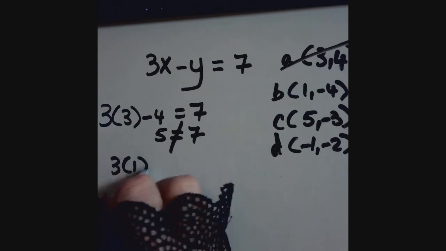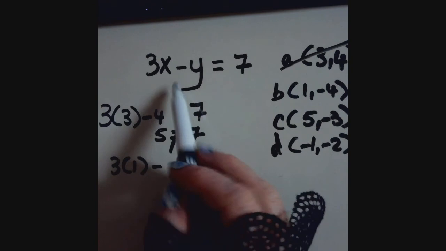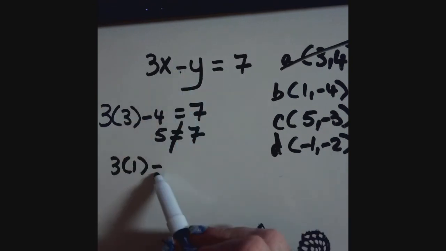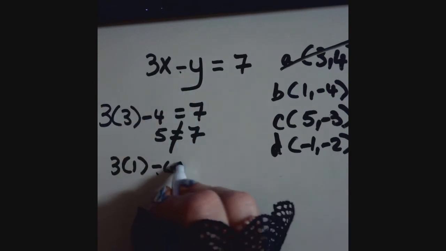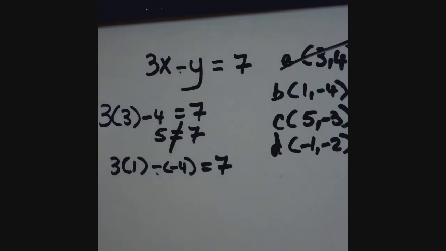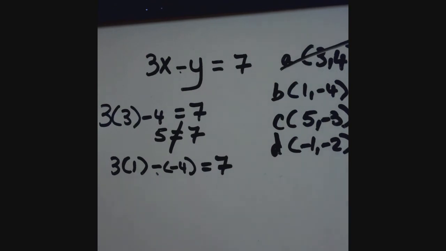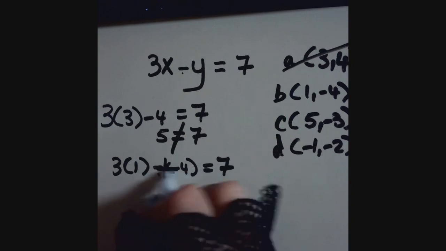3 times x of 1 minus y. You've got minus here from the function, and then y is a negative 4. You can think about it as a double negative. So a minus and a negative is going to make what? Hopefully you remember this turns it into a positive.